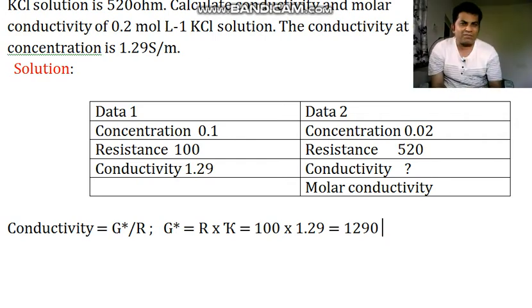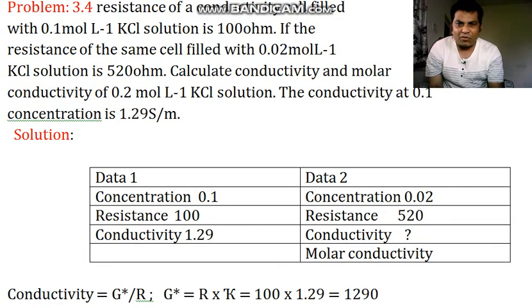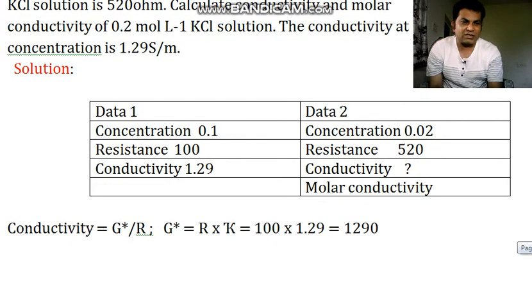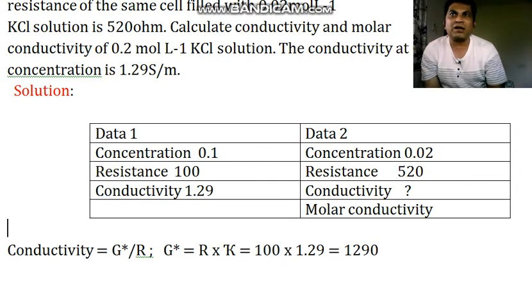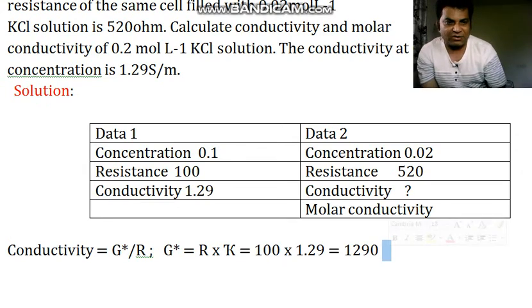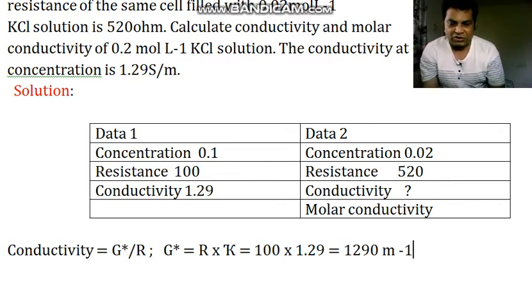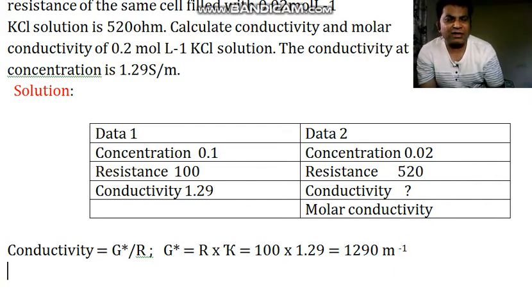But here the most important part is the unit. The unit of resistance is ohm, and the unit of conductivity is Siemens per meter. So whatever answer you get, in which unit will it be? The cell constant will come in meter inverse, because the meter is there here. So this meter inverse answer you have to convert into centimeter. How will you convert into centimeter? Divide by 1000.